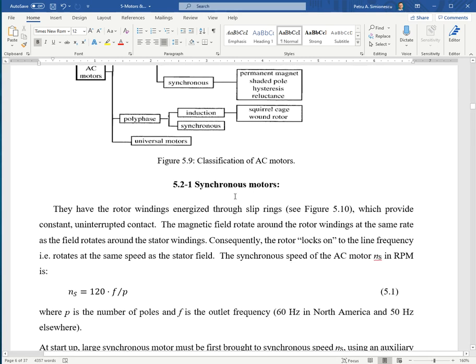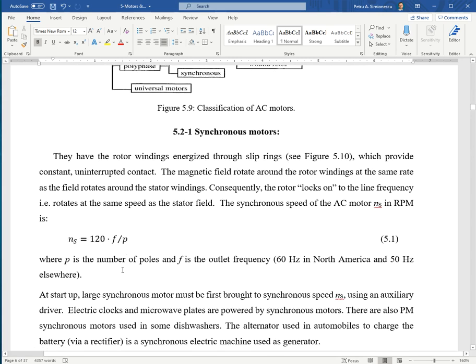Anyway, there is what is called synchronous speed, and it's a function of the frequency of the line and the number of poles. The frequency of the lines could be 60 hertz or 50 hertz in Europe and Australia, and elsewhere.